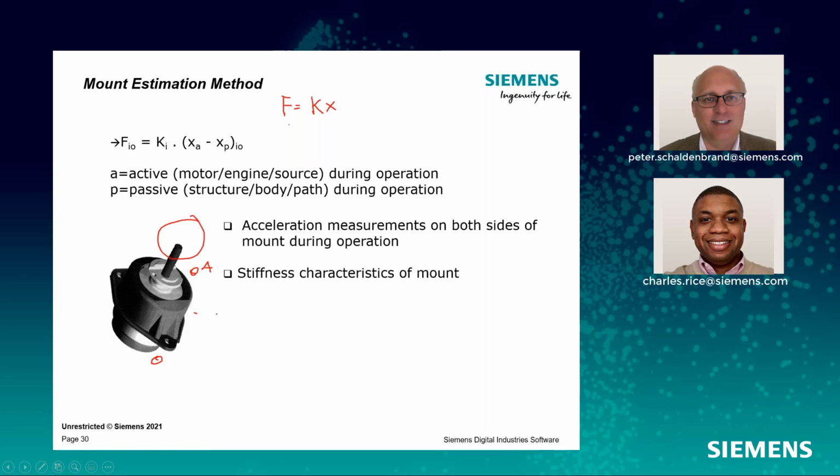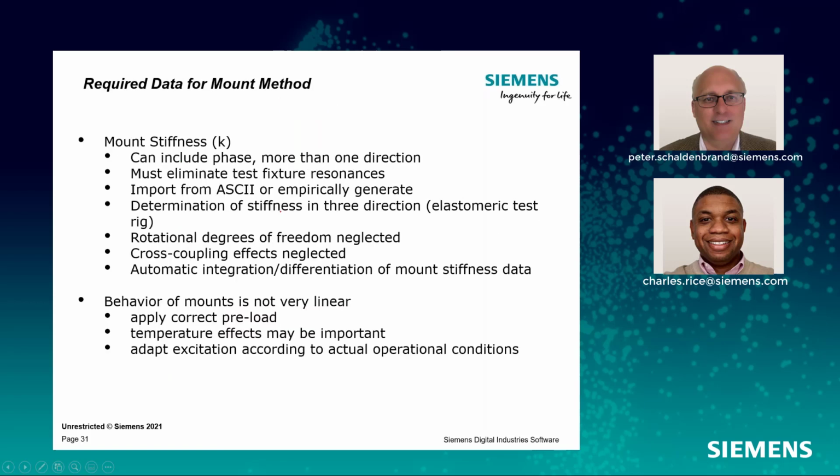And then if it's a good isolator, we'll have a passive side here where there's very little vibration, and we can measure the acceleration on both sides, double integrate to get the displacement, and subtract them from each other to get this x. And then if we have the mount rate, so that involves yet a separate test, then we can get the forces that are coming through this mount. In a common way, people will estimate the forces.